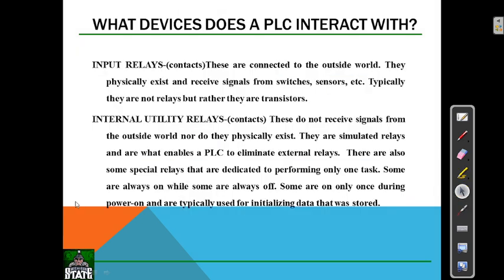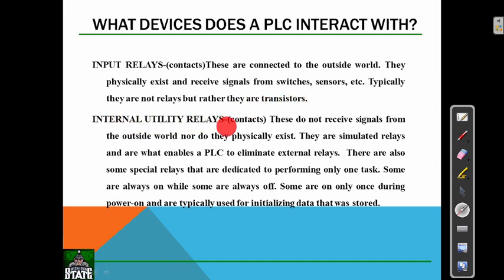What devices does a PLC interact with? First, it interacts with the input relays, which means the contacts. They are limited contacts to the outside world. They physically exist and receive signals from switches, sensors, etc. Typically they are not relays but rather transistors.